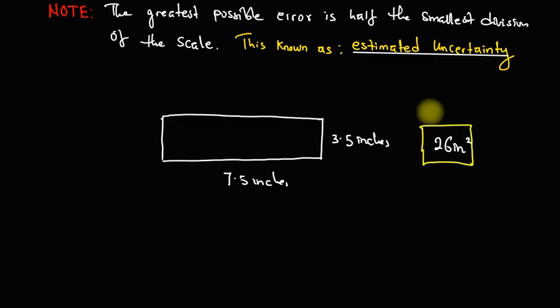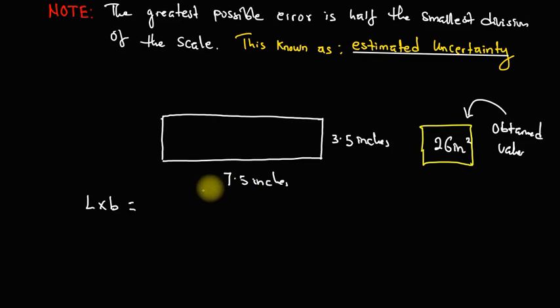So how do we go about calculating the percentage error? This is our obtained value, that is what we measured, but the actual area of this plot of land is going to be given by the formula length times breadth, right?